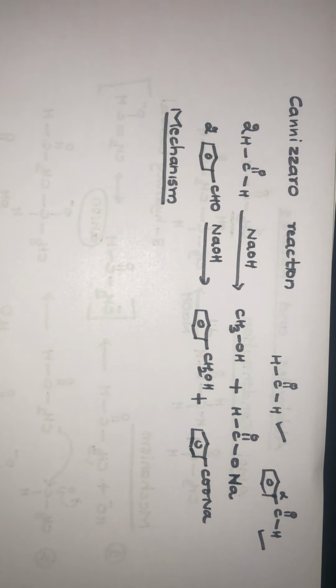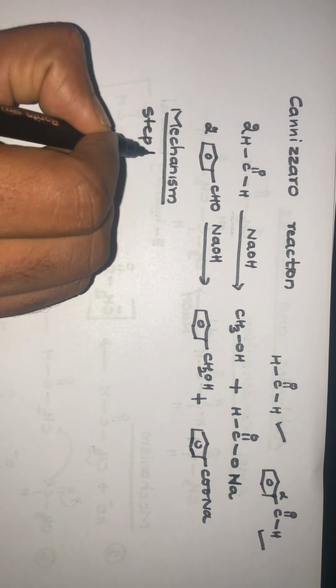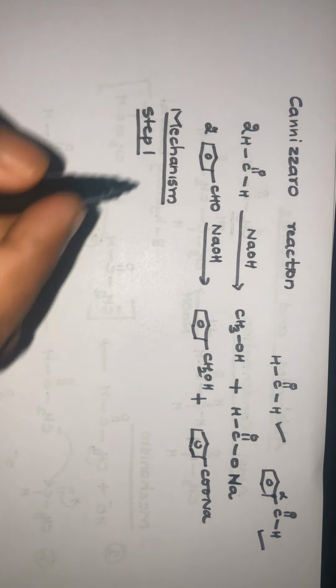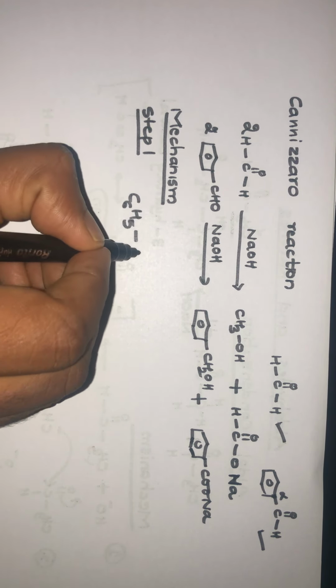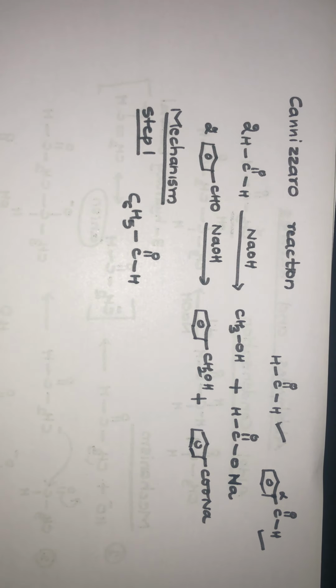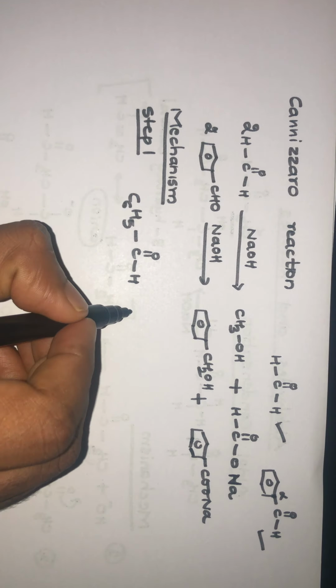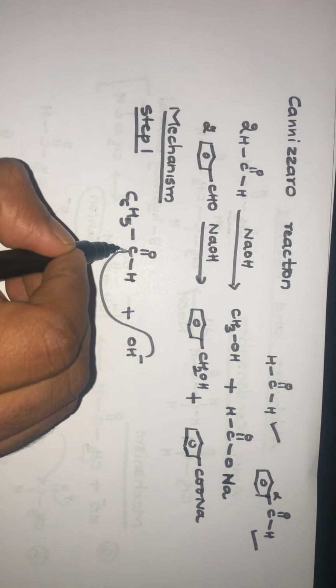Now step 1. If I take benzaldehyde, it is C6H5 C double bond OH. This does not contain an alpha hydrogen. Hence OH minus will attack this carbonyl carbon.